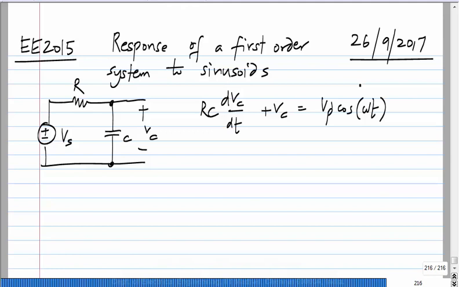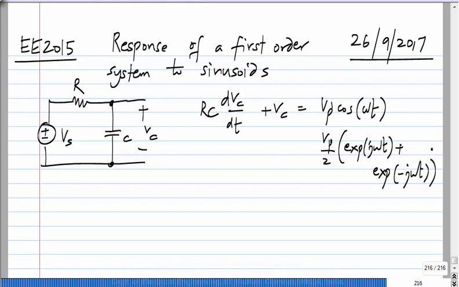One is to write this as a sum of two complex exponentials, and because we have already solved the problem for an exponential input e^(st), we can get the answers to this. Okay. So what do we get if we do that?